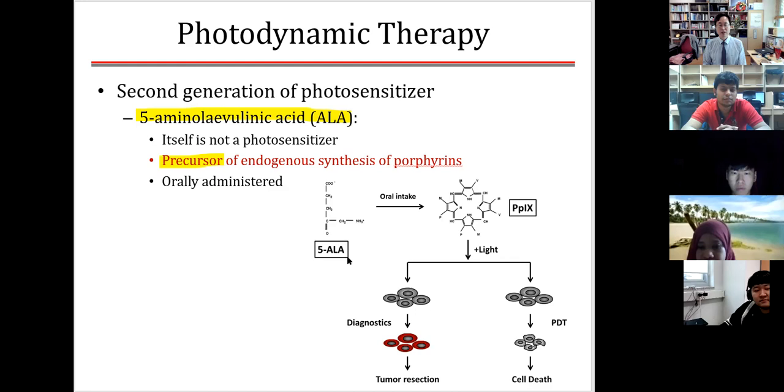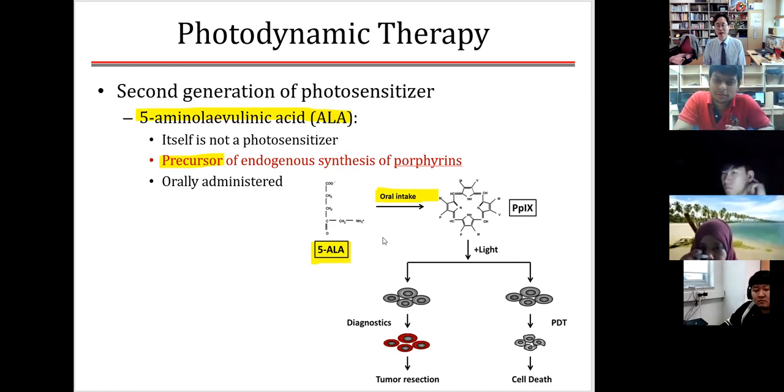So when the patient takes 5-ALA by oral intake, this can be also an advantage for the 5-ALA compared with the other photosensitizers, because for the others we have to have an intravenous injection. However, for this 5-ALA, you can just take it as a drug pill.